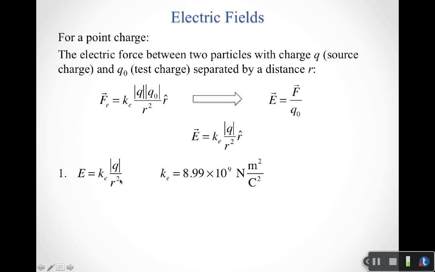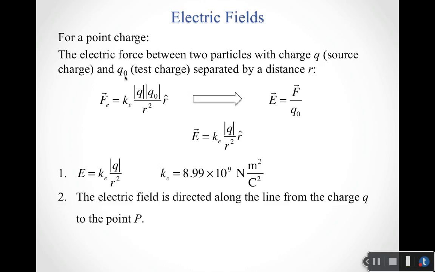So r has changed when we've divided out Q naught. It's no longer the distance between Q and Q naught, it's now the distance between Q, your source charge, and the point P, which is where you're placing Q naught. So that's what's going on with magnitude.